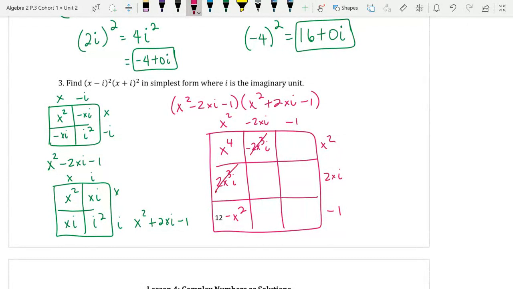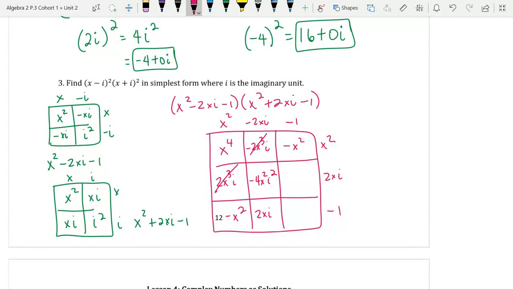These cancel. We like that. We like it when i's cancel. Negative 2xi times positive 2xi is negative 4x squared i squared. Negative 2xi times negative 1 is just positive 2xi. Negative 1 times x squared is negative x squared.